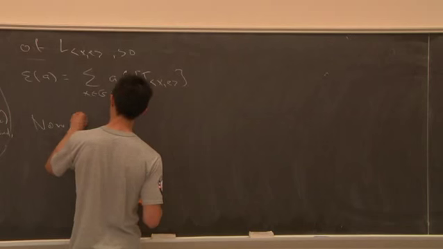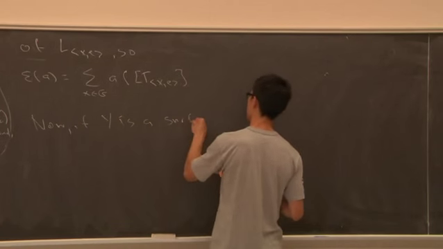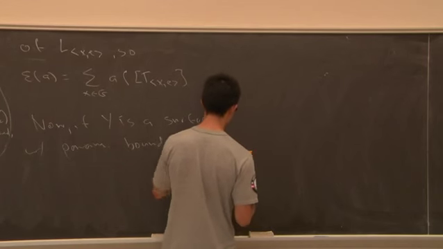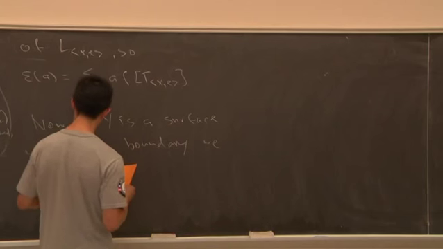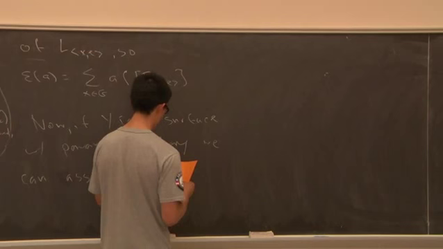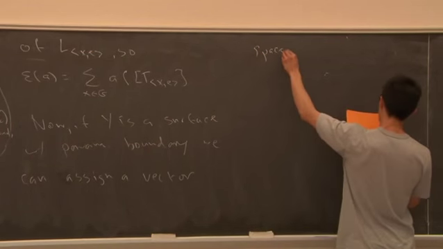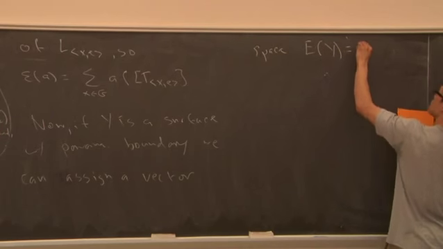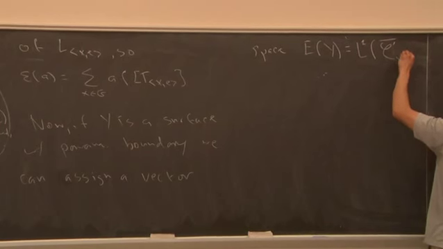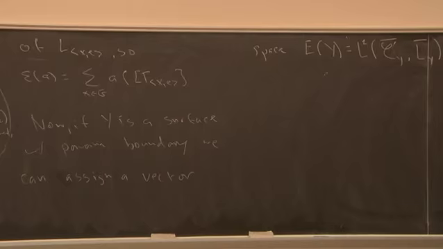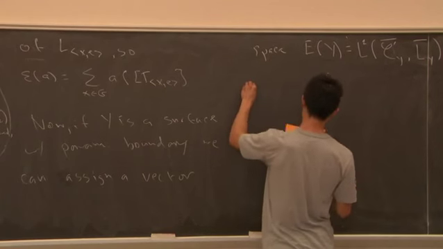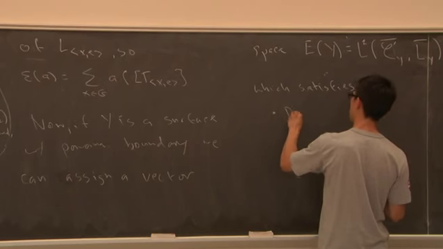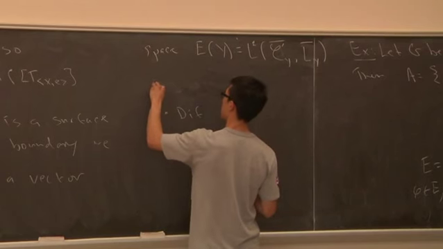And now, if y is a surface with parameterized boundary, we can assign a vector space, say E of y, which was going to be, you know, we saw this kind of thing before, equivalence classes, and they take values in isometry classes of these complex lines, which satisfies some stuff we saw before.